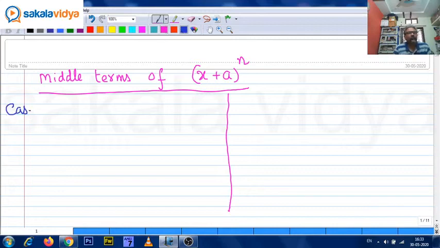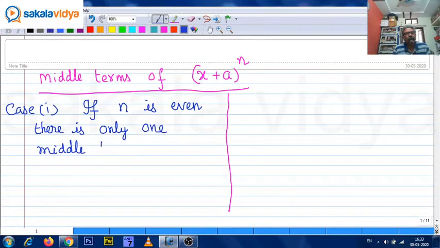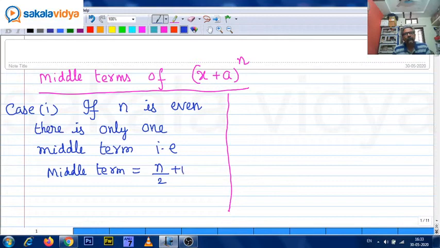Case 1, if n is even, there is only one middle term, that is middle term is equal to n by 2 plus 1th term. That means n by 2 plus 1th term you need to find out. That will be the middle term.